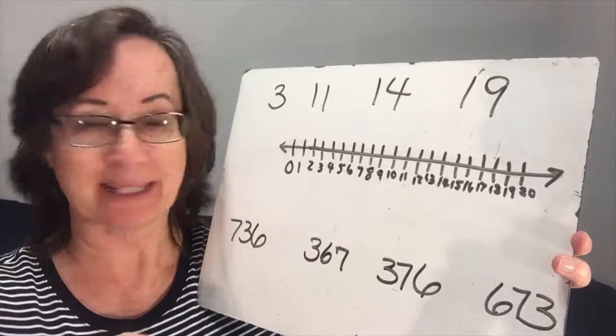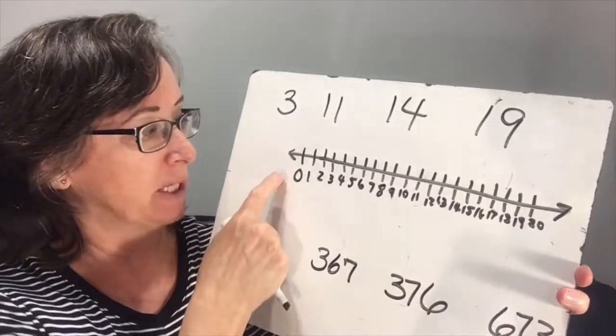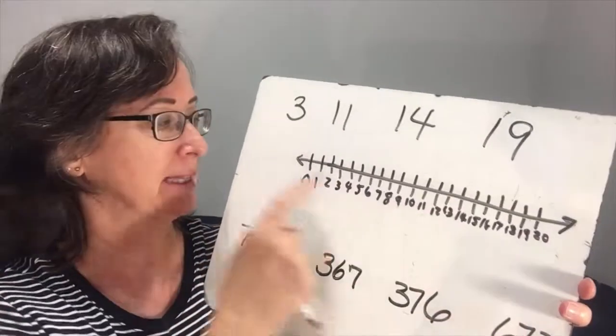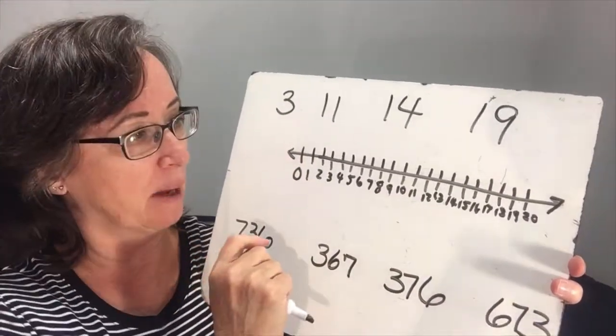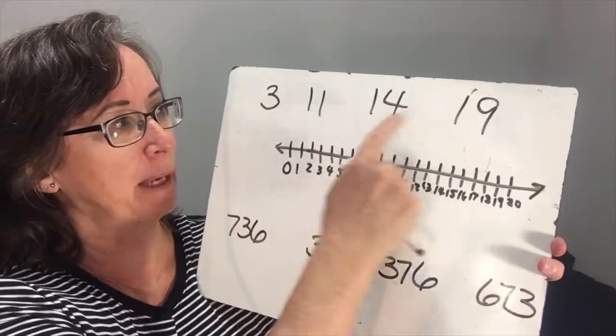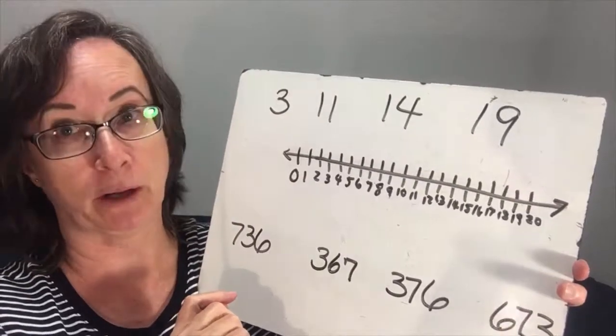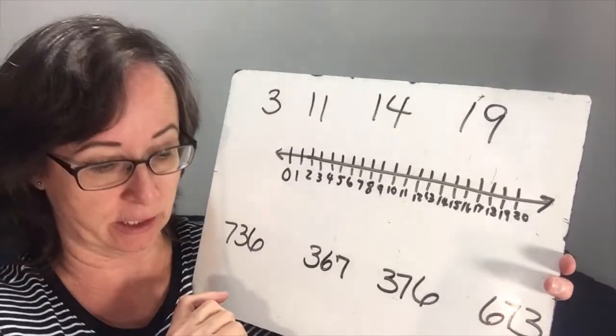On C practice, we're going to use our number line, which again, I'm emphasizing the positive. I didn't even draw my negative portion, just a little arrow there. And we're going to plot these on our number line to help us put them in order. Hopefully you already know which order they go into.